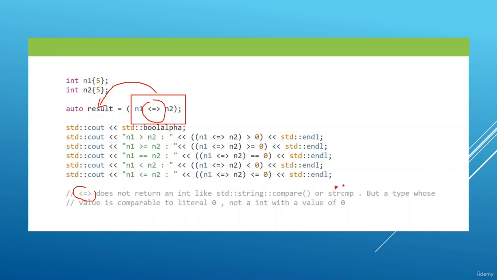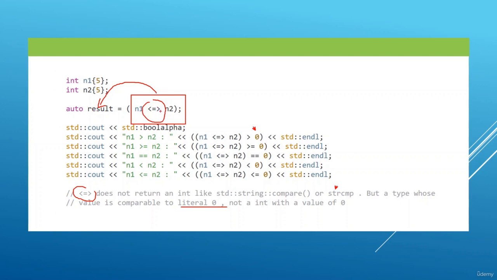It is going to return a type whose value is directly comparable to literal 0. So we can do something like this. We can take the return value of a three-way comparison operator and compare that to 0. And this is going to give us the information if something is greater than the other, if something is greater or equal to the other, if something is equal to the other. We can really do all these comparisons and get our information.